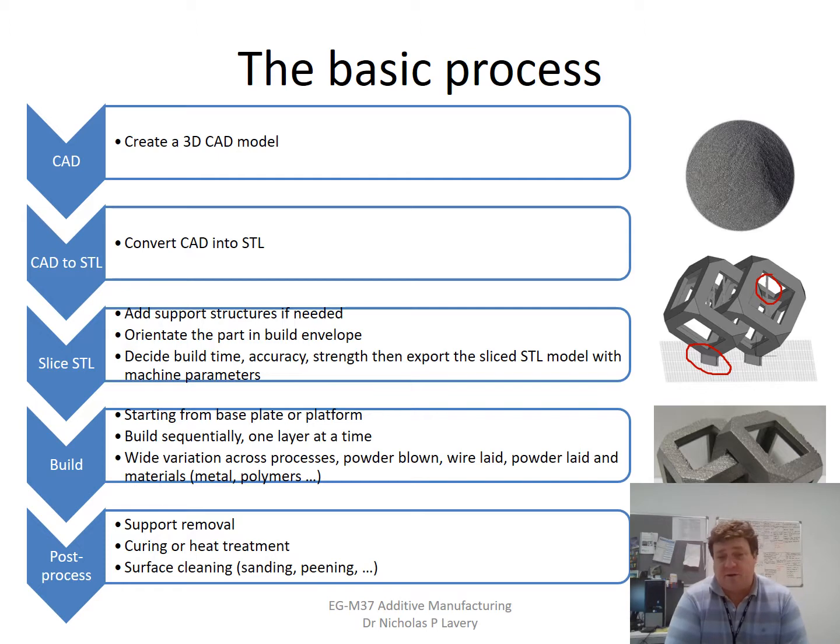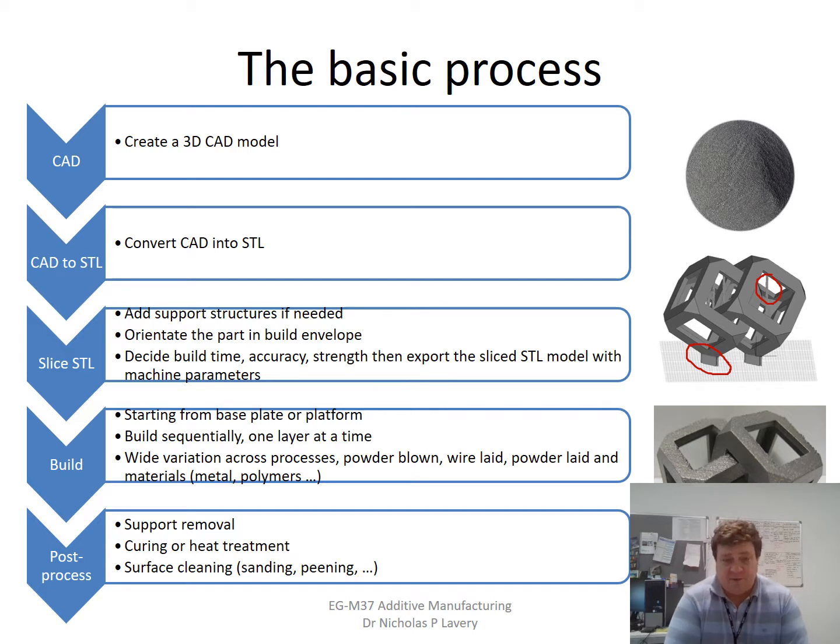This will determine the accuracy and the strength of the material. When this is done, the software will build a machine file, typically called the .mtt file for the Renishaw systems. It has a description of the movement of the laser throughout the entire component. This is transferred onto the machine, and at this point we start the build.